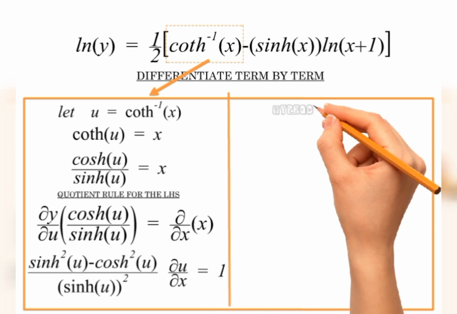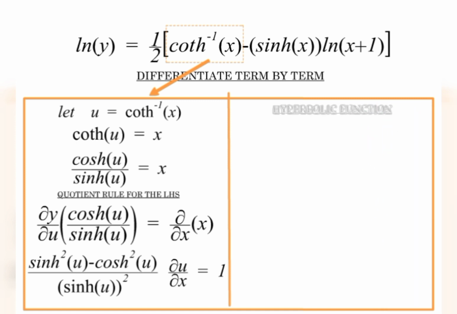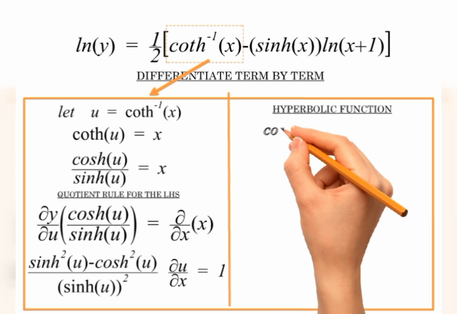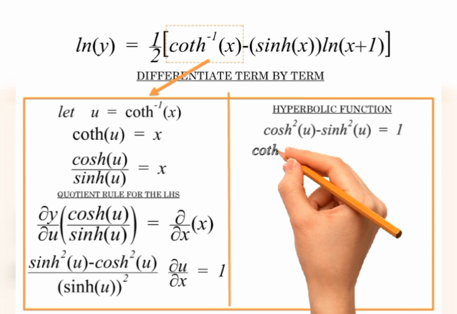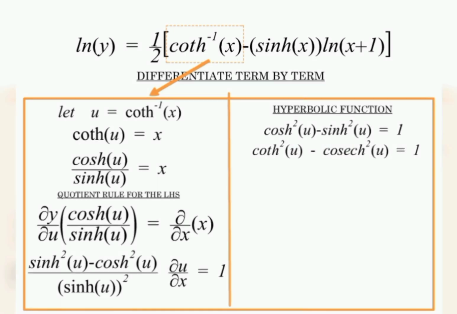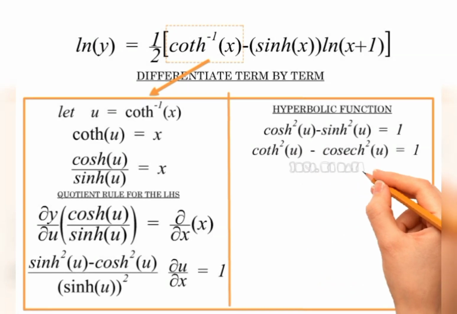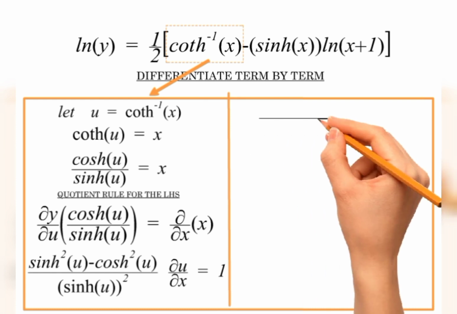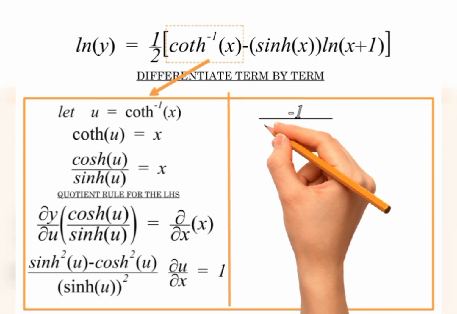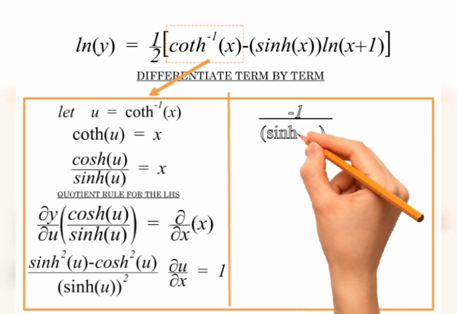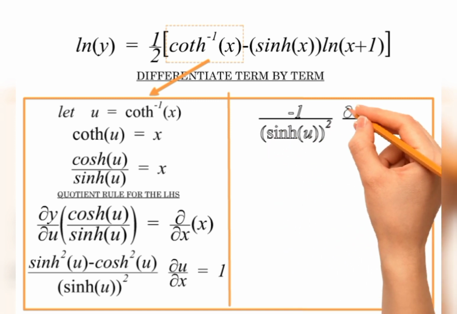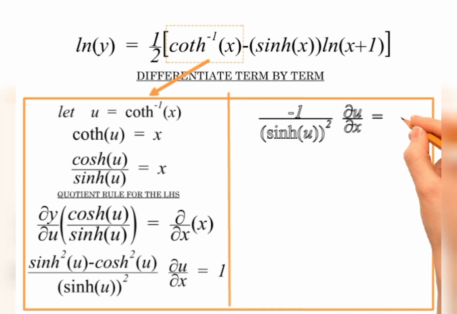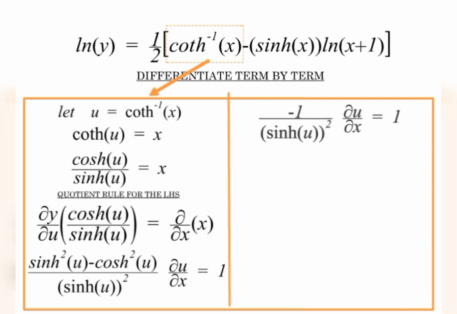Just as the trigonometric functions have identities, the hyperbolic functions also have identities, which are similar, but not the same. Cosh squared u minus sinh squared u equals 1. This satisfies the numerator on the left-hand side, and it gives minus 1. The second identity also has its role to play at another stage in this process.